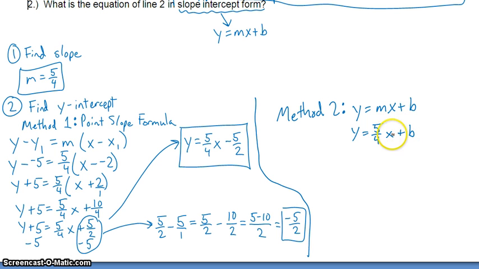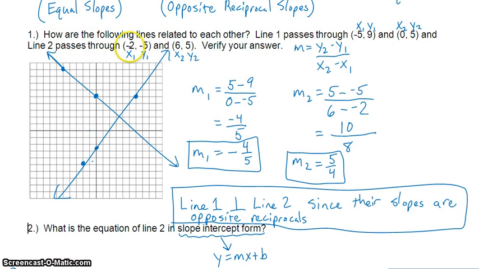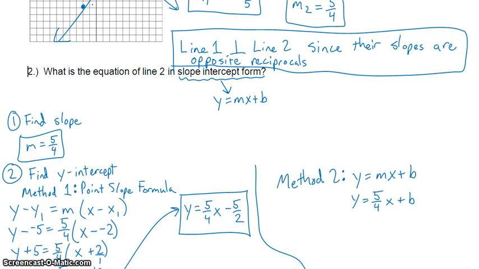And this method uses the fact that I know some ordered pairs. I know that when x is negative 2, y has to be negative 5. So I'm going to use that fact, and I'm going to substitute in negative 2 for x.